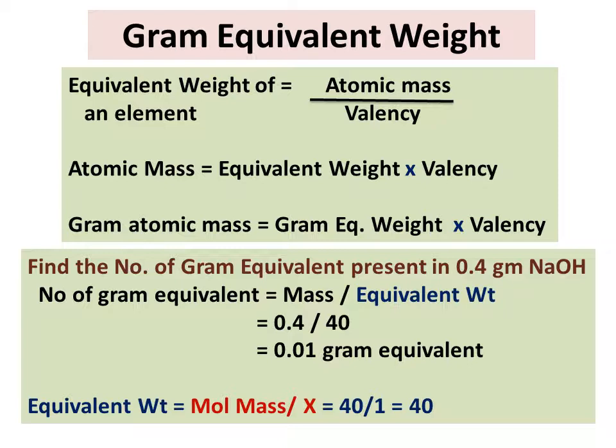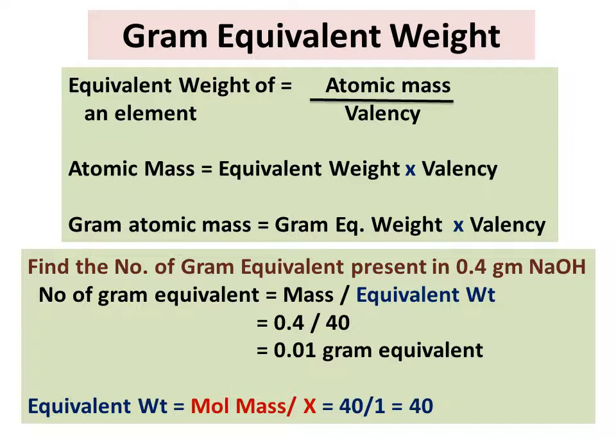So just put gram atomic mass: gram atomic mass is equal to gram equivalent weight into valency. Simply remember this; it is the relation between equivalent weight, valency, and gram atomic mass.